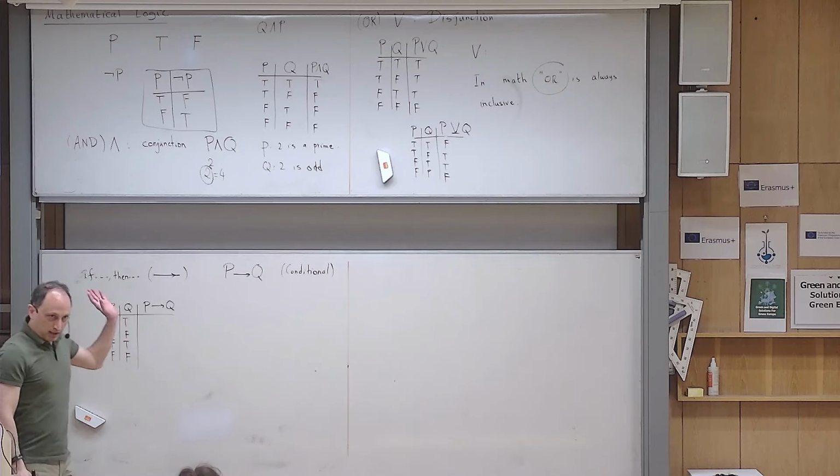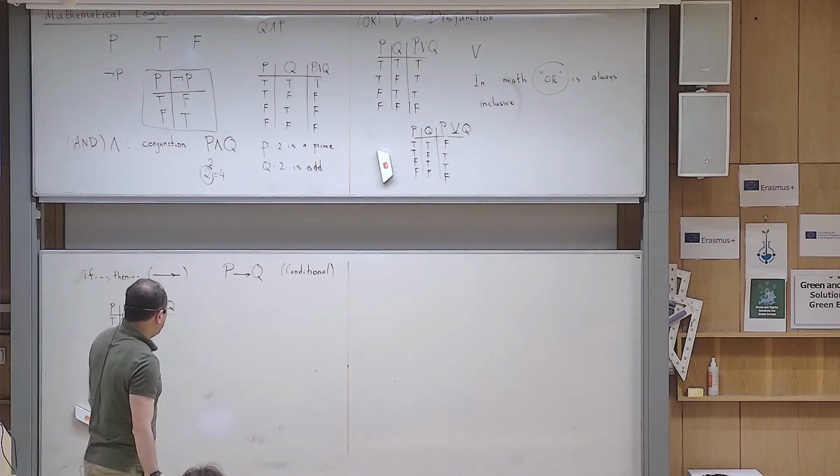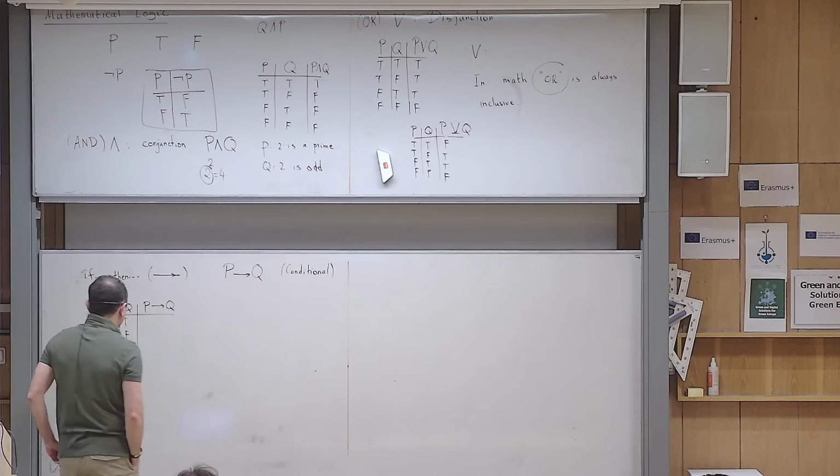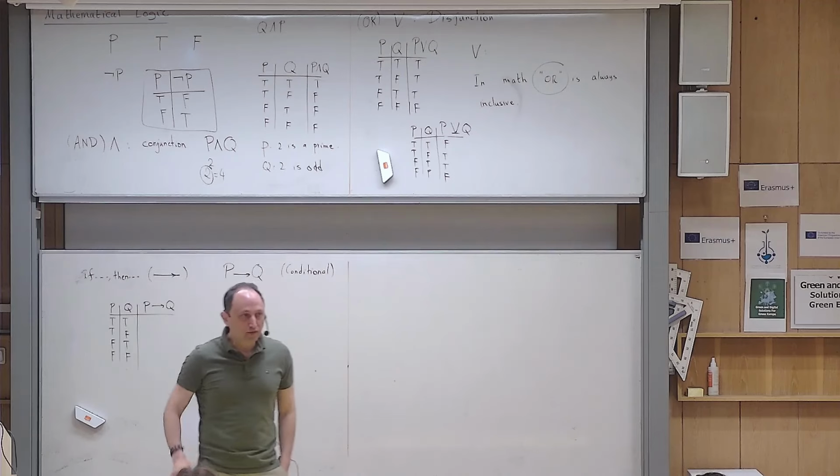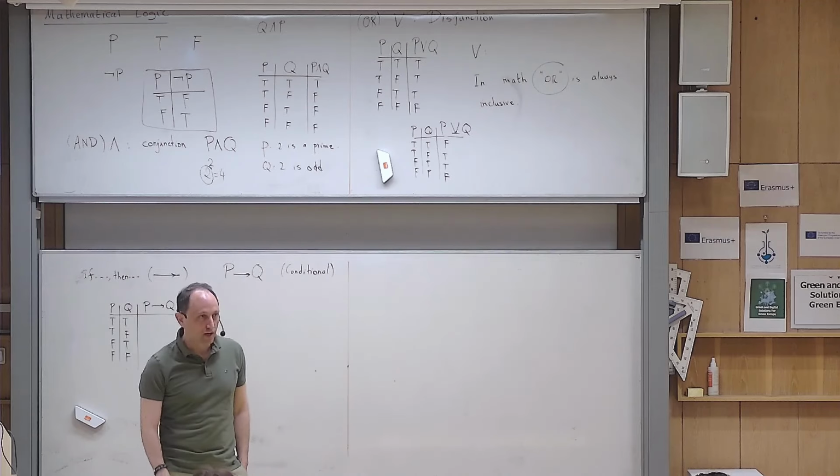Let me try to understand this one a little bit better. Let me give you a sentence. I would say that if you pay me 100 crowns, I will give you my book. Let us say that is our contract.